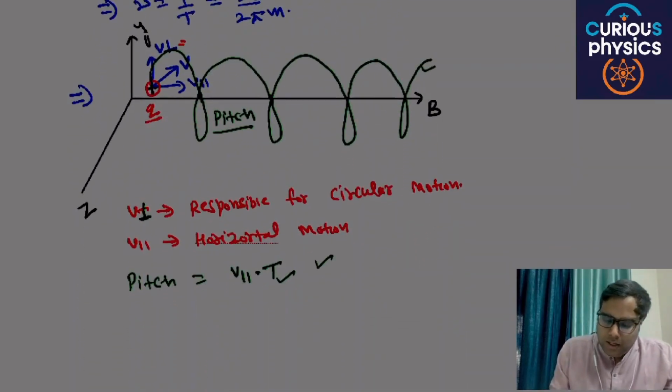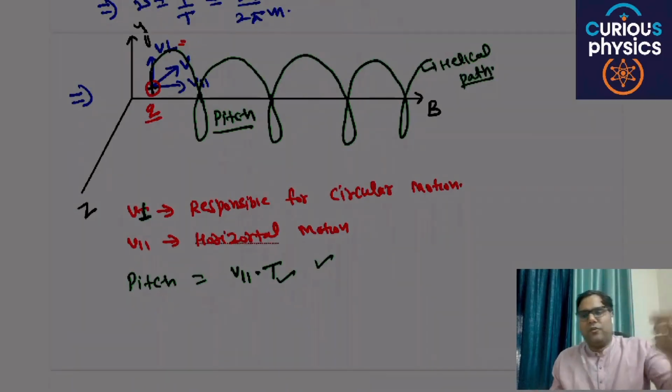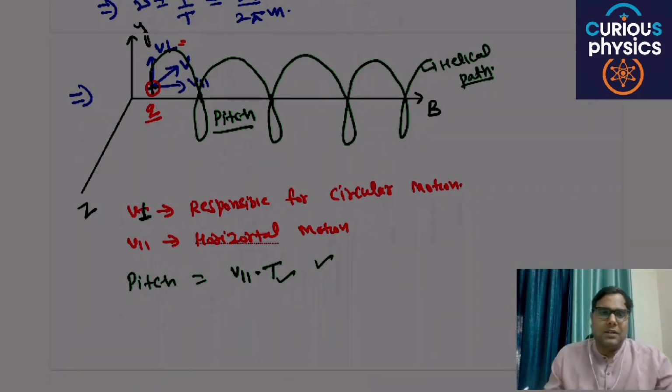This path is known as a helical path. Helical path means circular motion and forward motion together.